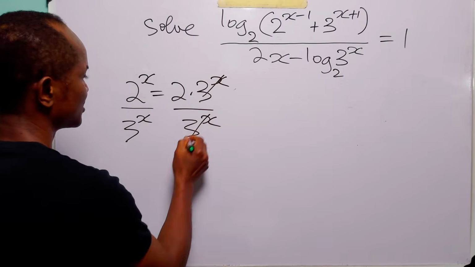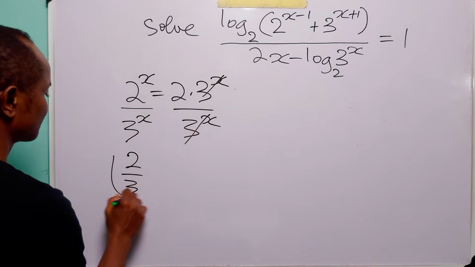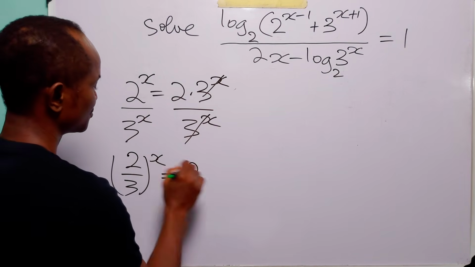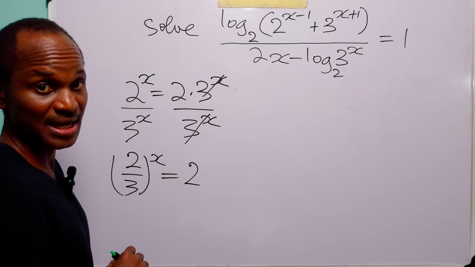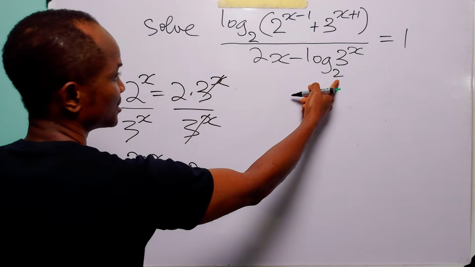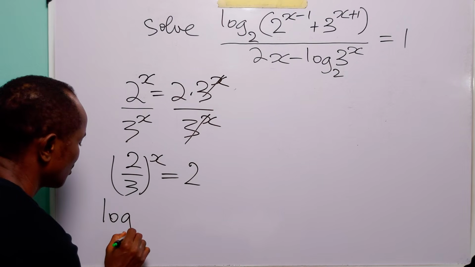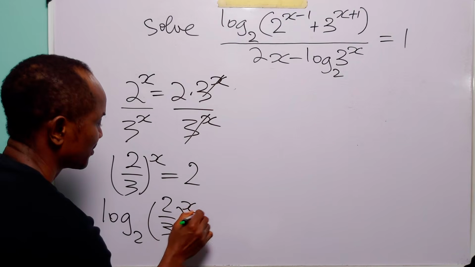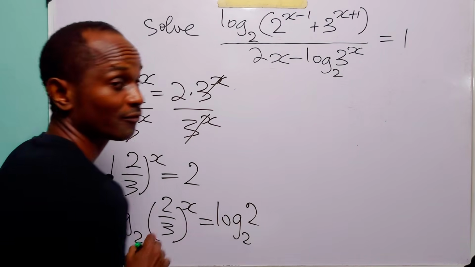Of course, this is going to cancel that, leaving us with 2 over 3 to the power x is equal to 2. Now, the next thing we are going to do is to take log of both sides of the equation, and we continue with log to base 2. So we have that log to base 2 of 2 over 3 to the power x is equal to log to base 2 of 2.